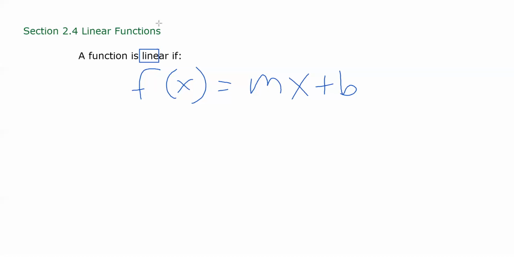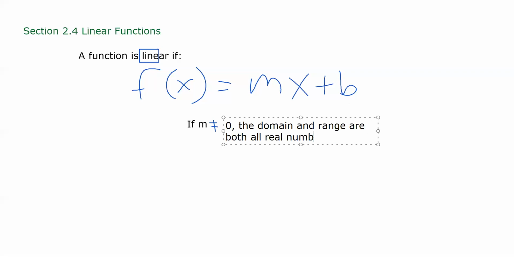Here, a few interesting things. If the slope does not equal 0, and so we're going to make an equal sign and just cross it out, the domain and range are both all real numbers.